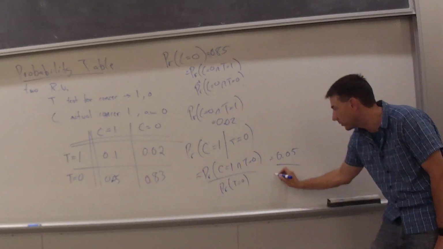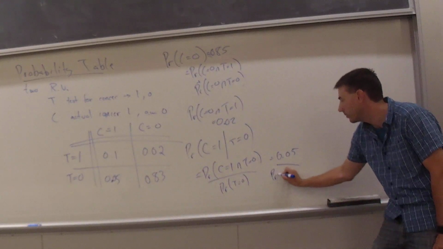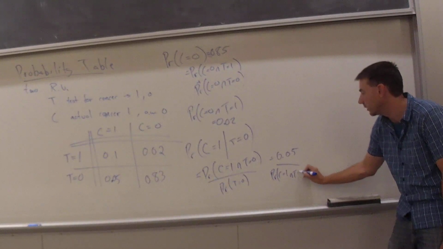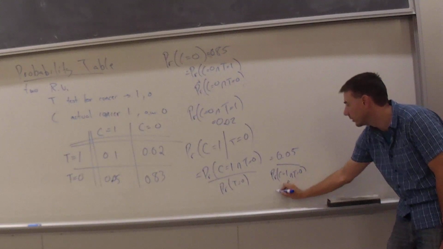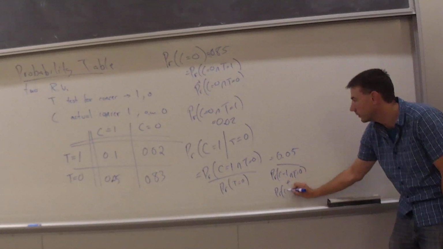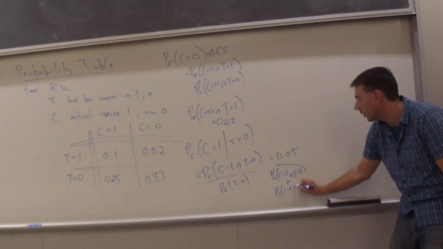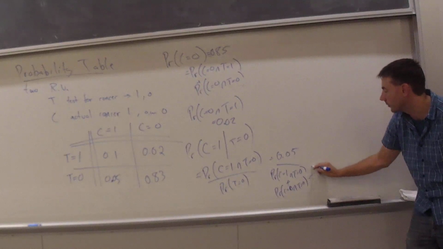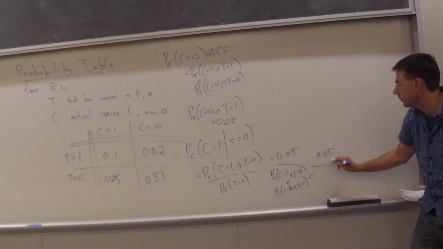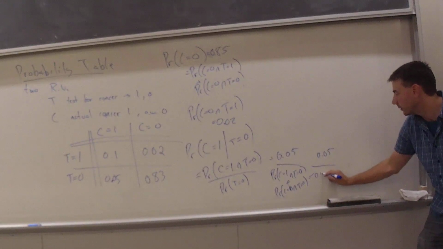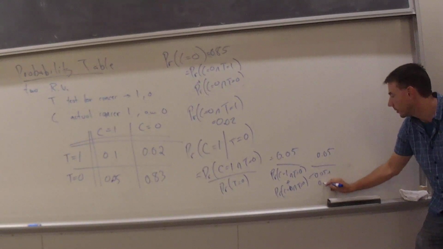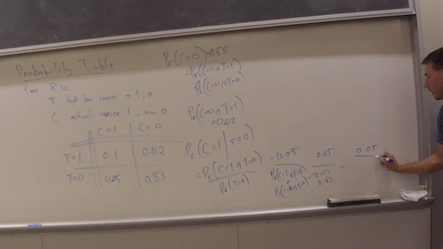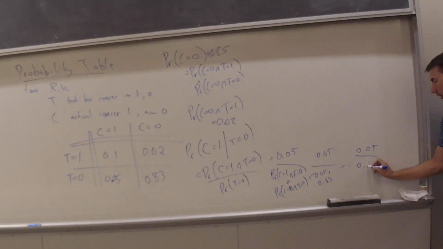That's the sum of these two things: the probability that C equals 1 and T equals 0 plus the probability that C equals 0 and T equals 0. And this is equal to 0.05 plus 0.83. And so the answer is 0.05 divided by 0.88.